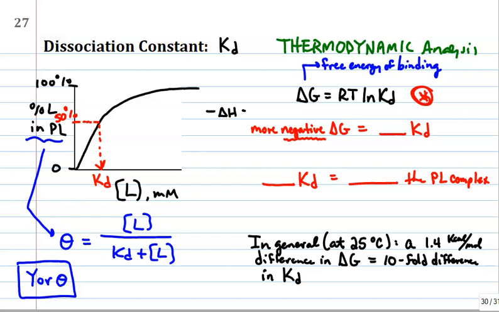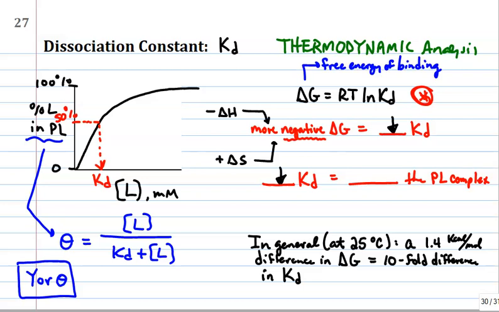A more negative delta H will lead to a more negative delta G, and a more positive delta S will lead to a more negative delta G. So the more negative the delta G is, the more spontaneously the ligand will bind to the protein. That will lead to a lower K sub D. So lower K sub D equals tighter.